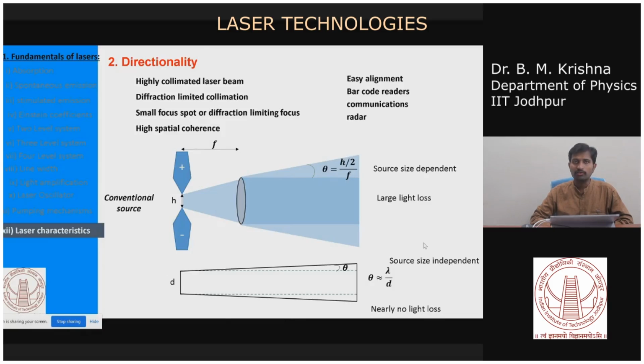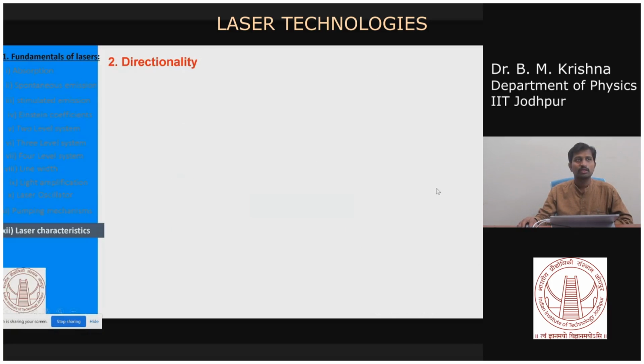It is highly difficult to align your experimental setups with a conventional source. With lasers you can easily do the alignments, and lasers allow barcode readers, and these highly directional beams are used in communications and in radar applications. So that is the advantage of these highly directional beams.